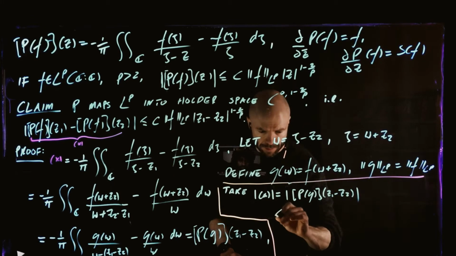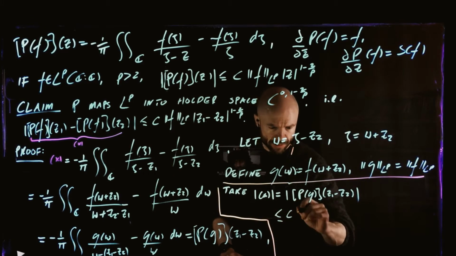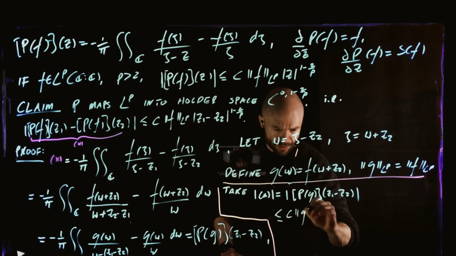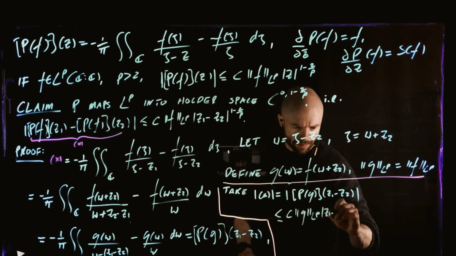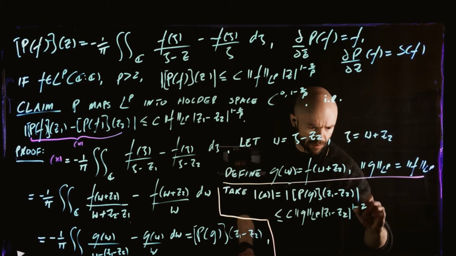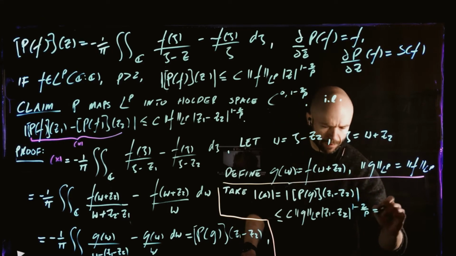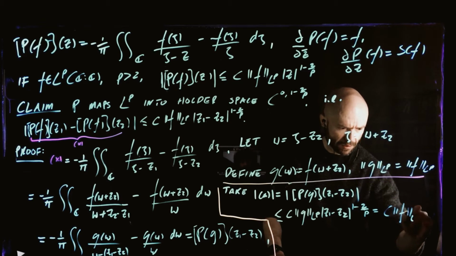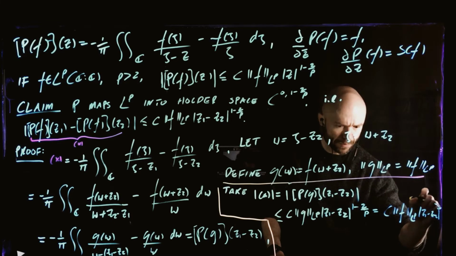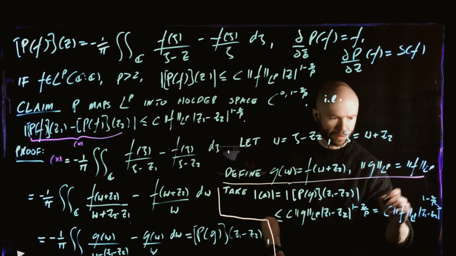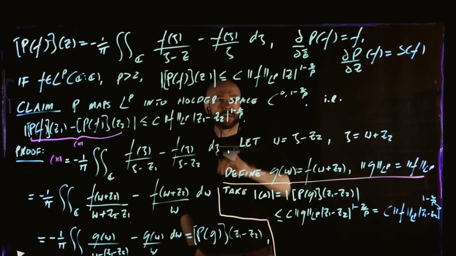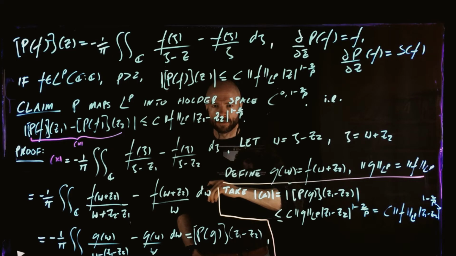And then this is, by the estimate we proved before, some constant, and then the LP norm of g, and then z1 minus z2 to the 1 over 2 over p, but the LP norm is the same, so then this is C of f, p, z1 minus z2 to the 1 minus 2 over p, like this, which is exactly as claimed. So this is exactly the inequality as claimed, right? Everybody happy?